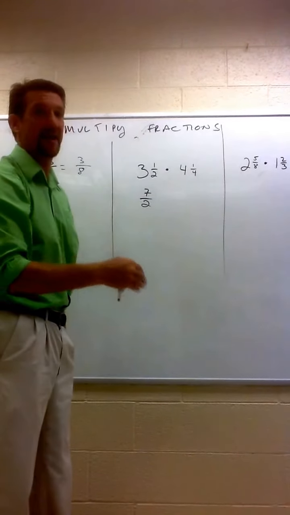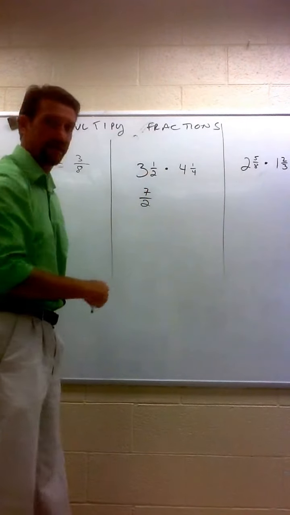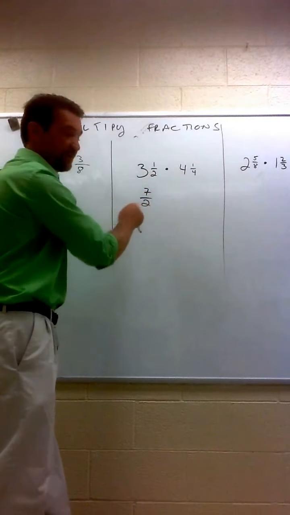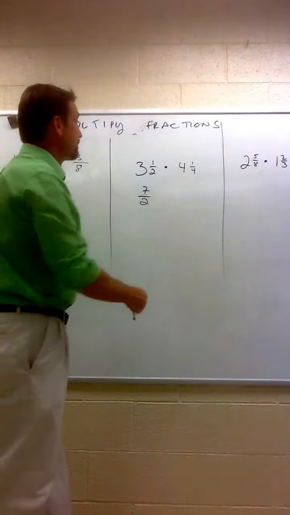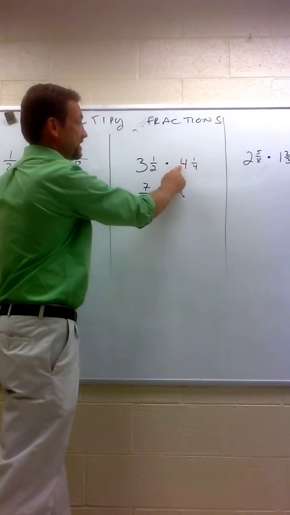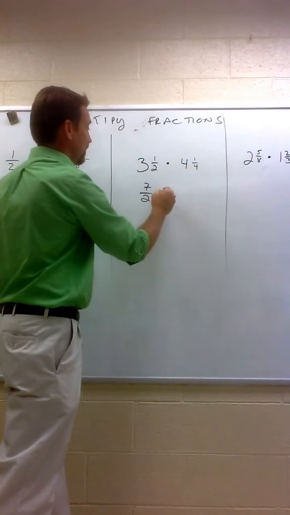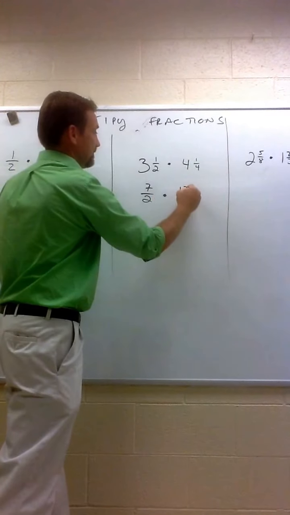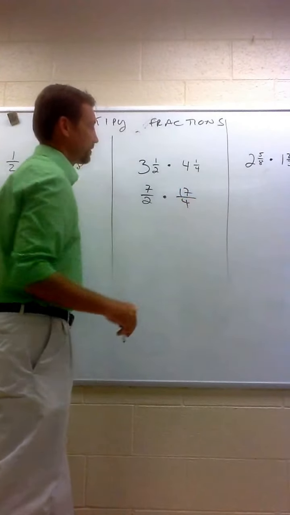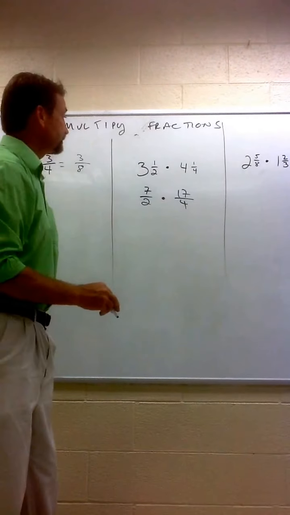If you have 7 halves, you have 3 1/2. 3 1/2, 7/2, same thing. 4 times 4 is 16, plus 1 is 17. Put it over 4. 7/2 times 17/4.